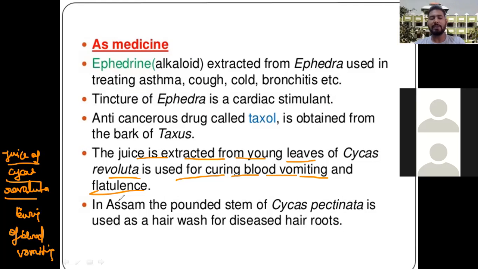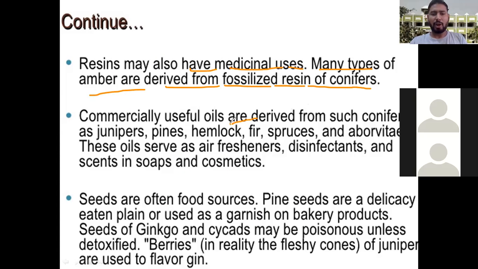This I have not given anywhere. In Assam, the pounded stem of Cycas pectinata is used as a hair wash for diseased hair roots. Commercially useful oils are obtained from the conifers: juniperus, pines, hemlock, fir, spruce, and arborvitae.